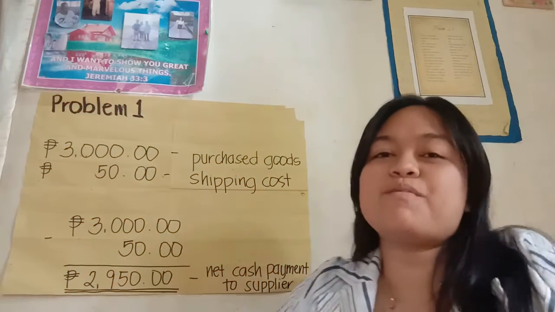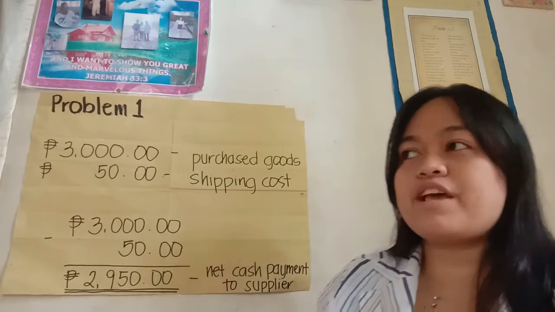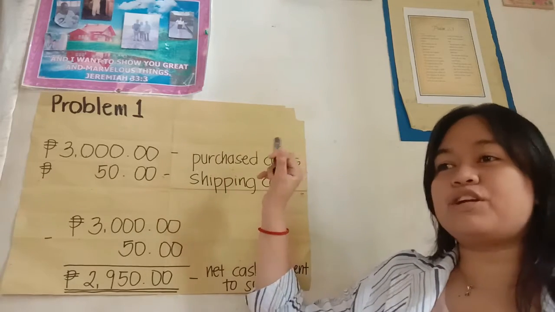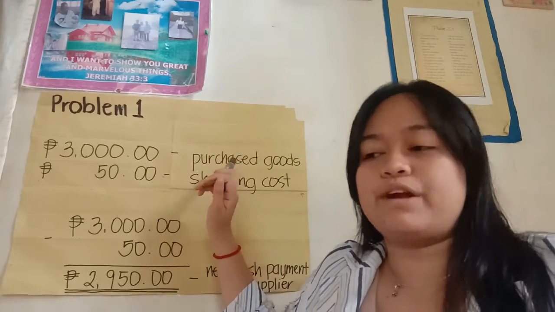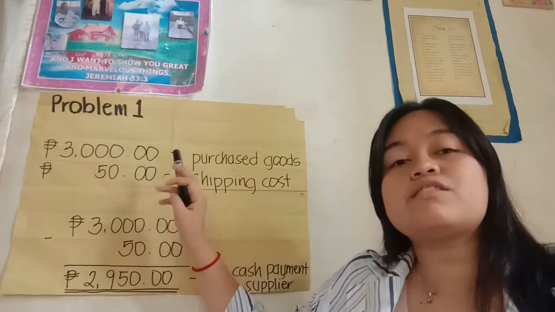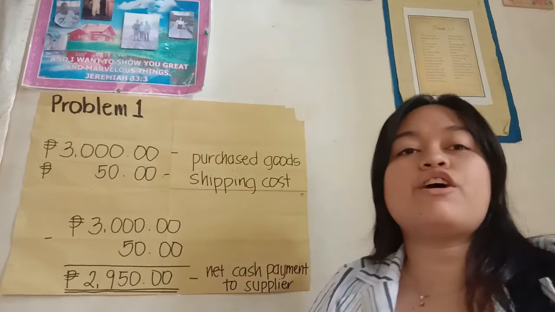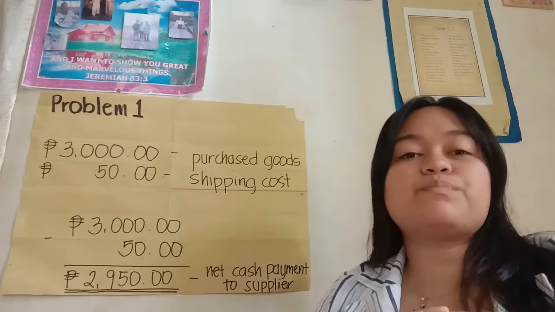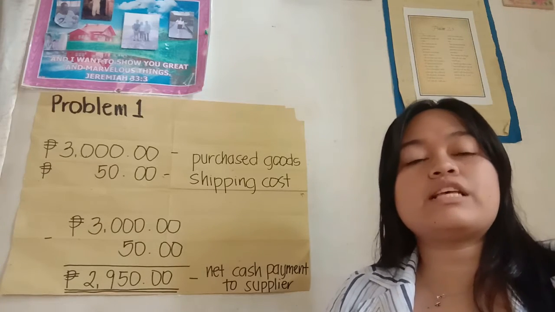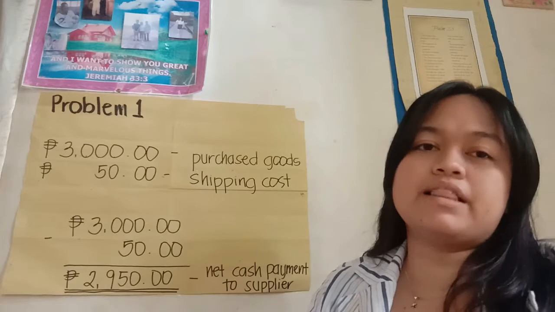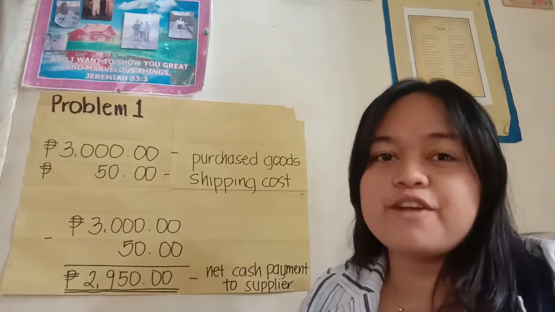So, first we must understand the problem. There was an invoice price of 3,000 pesos, which is the purchase cost of the goods purchased by Dawn Corporation, and there was a related shipping cost which is 50 pesos. In order to get the net cash payment to the supplier, we must know the term used in the shipment agreement, which is FOB destination, freight collect.